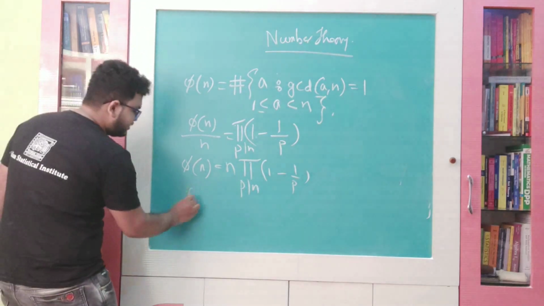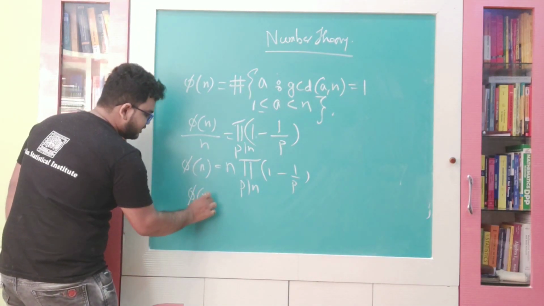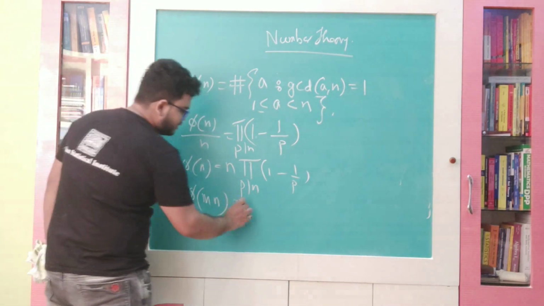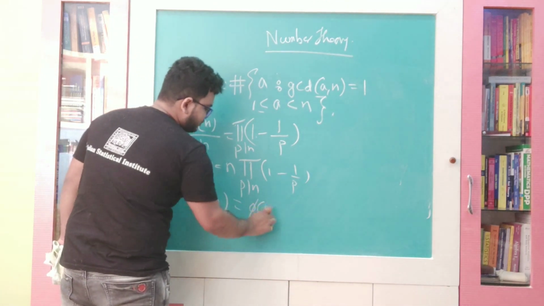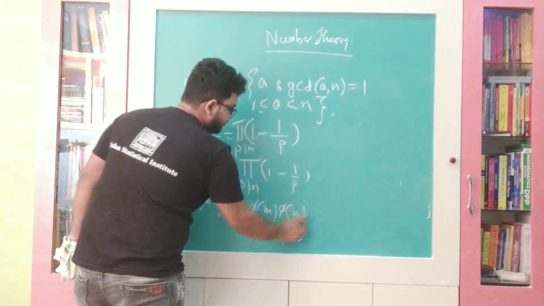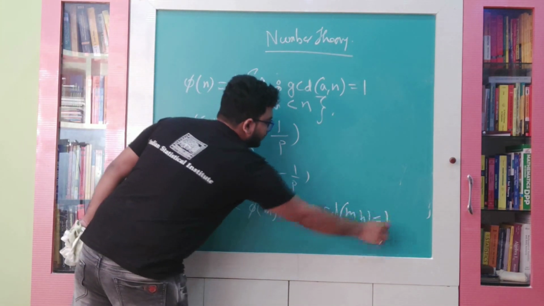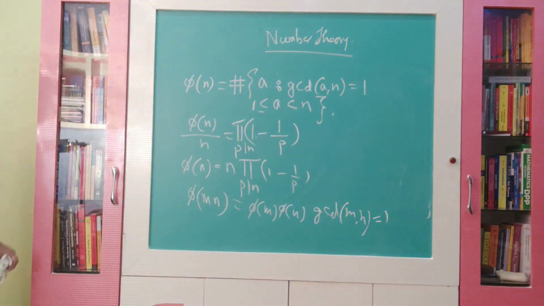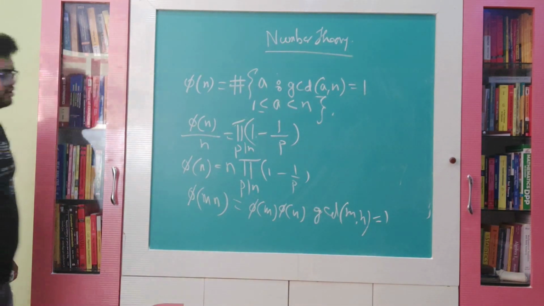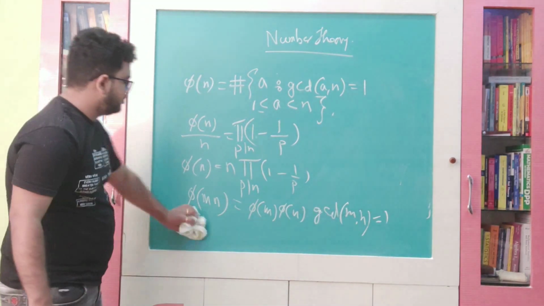From here you can see that phi(mn) equals phi(m) times phi(n) if gcd(m, n) equals 1.